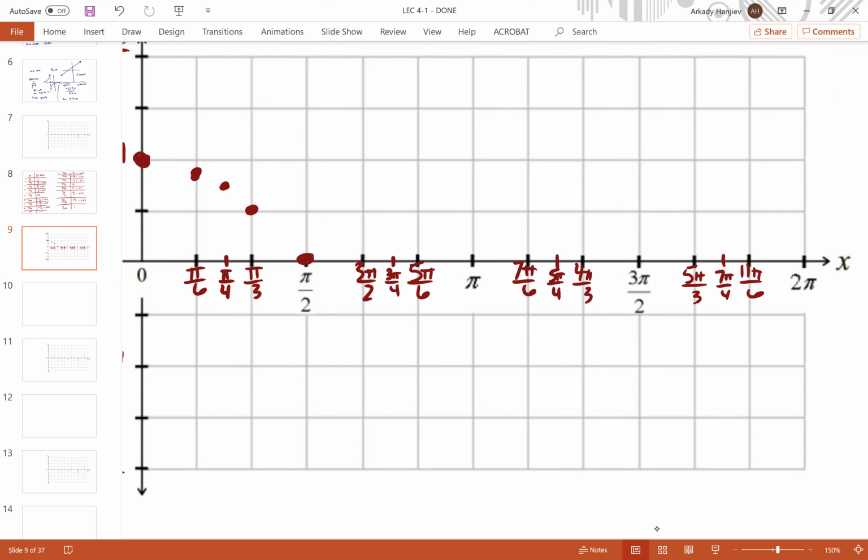Okay, I'm gonna go with a negative 1/2 now. Then negative 0.7, negative 0.87, and then a negative 1.